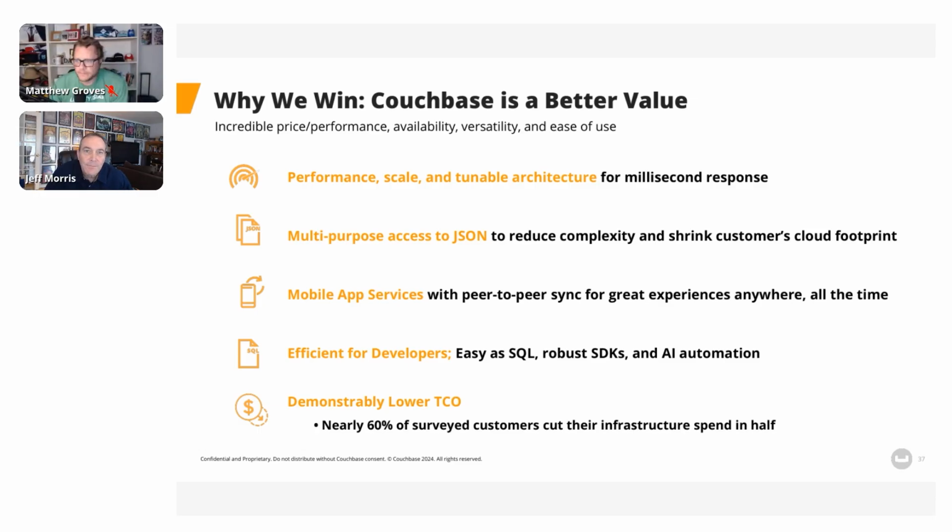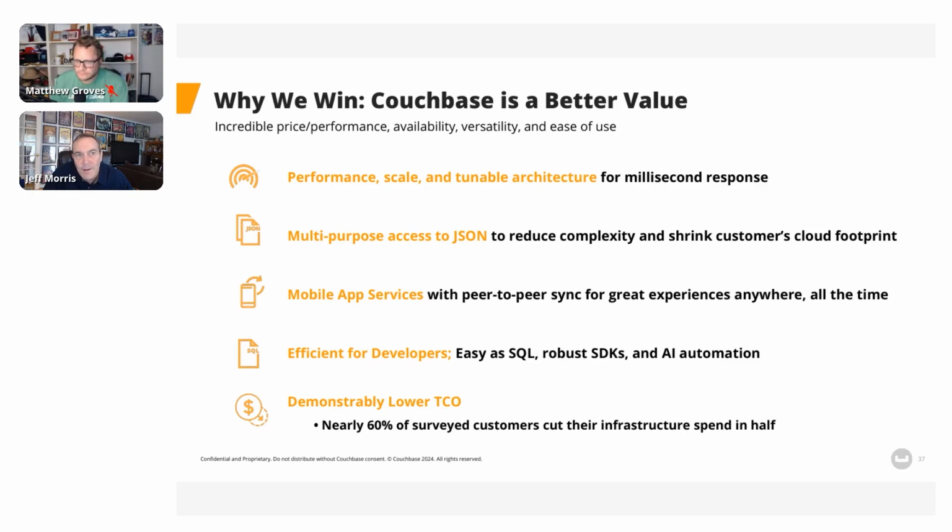Okay, final one. We're better value. Better performance, great access to JSON through all kinds of multi-purpose different vehicles. I'm glad that our audience caught that so early on. Significantly better mobile capabilities, great stuff for developers. And if you try Couchbase, you're going to love Couchbase, and demonstrably lower TCO.